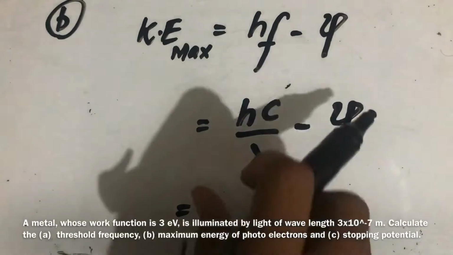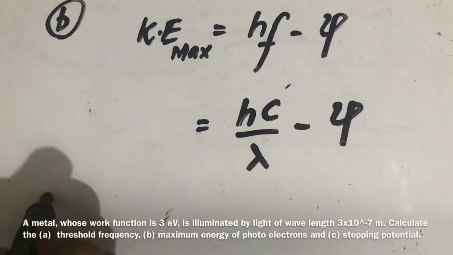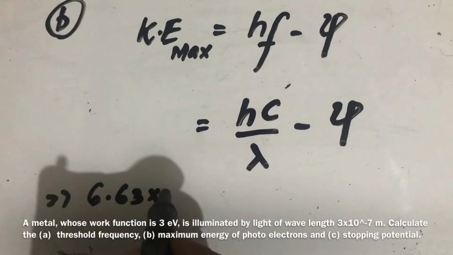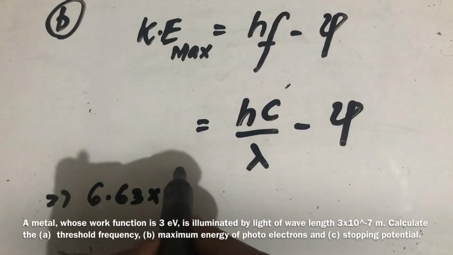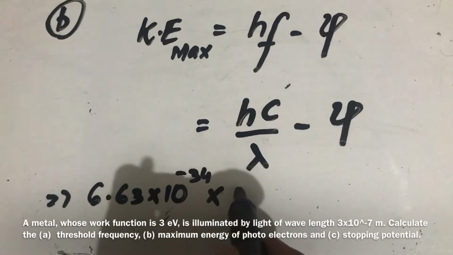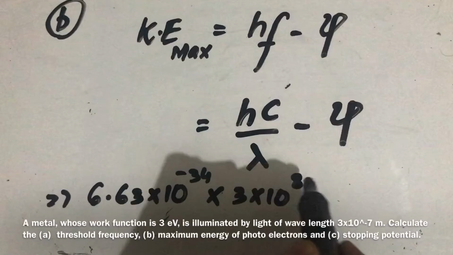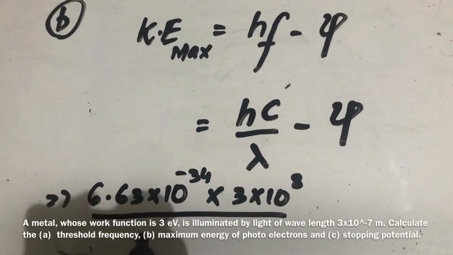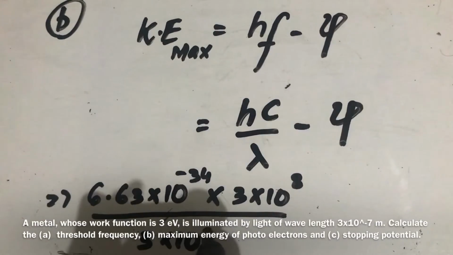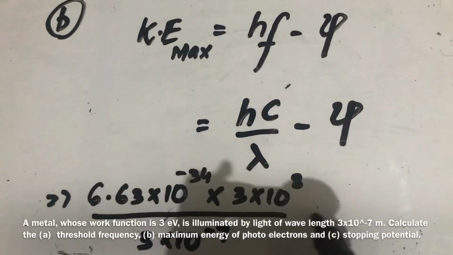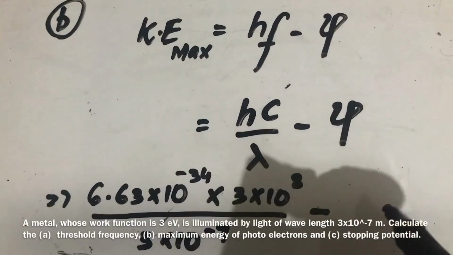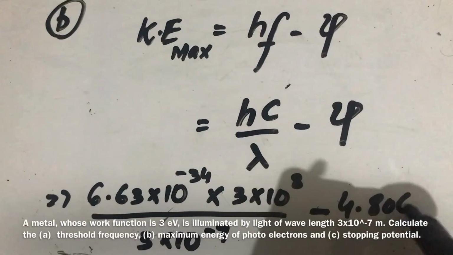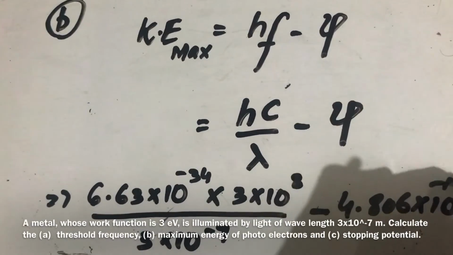We have 6.63 multiplied by 10 raised to power minus 34, multiplied by 3 times 10 raised to power 8 meter per second, divided by the value of lambda, 3 multiplied by 10 raised to power minus 7, minus the value of the work function, which is 4.806 multiplied by 10 raised to power minus 19.